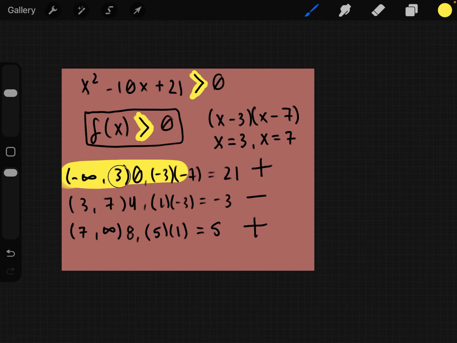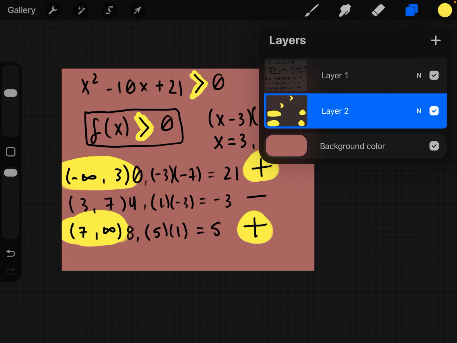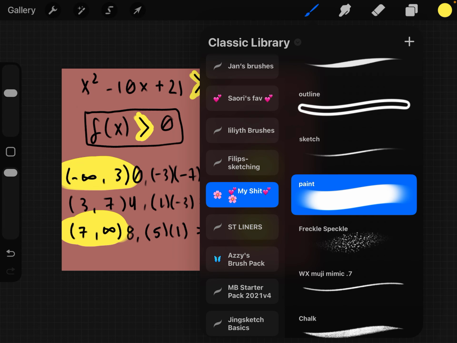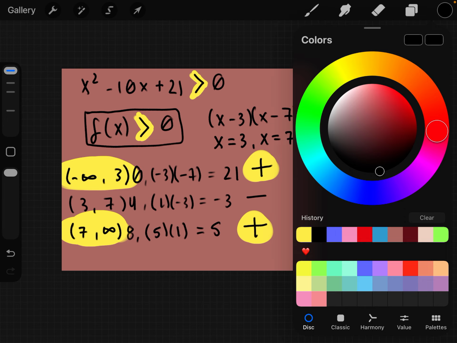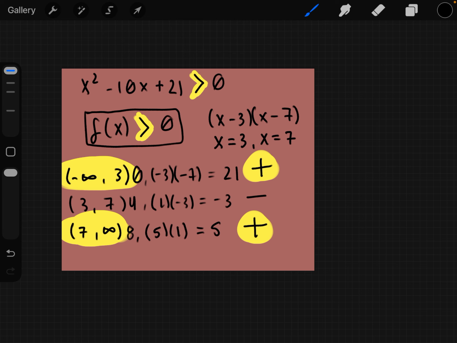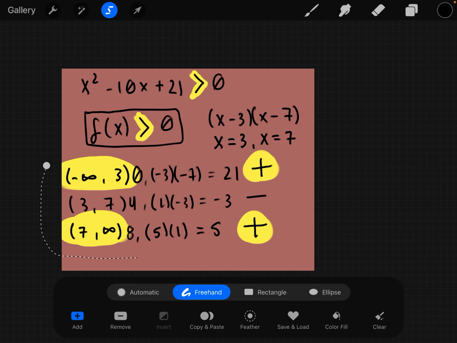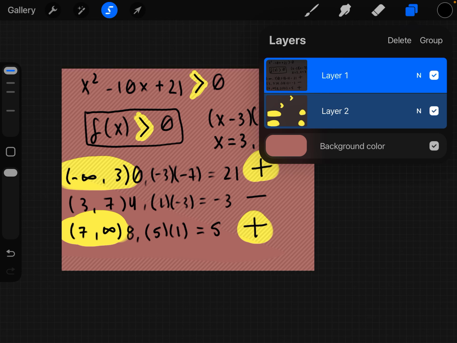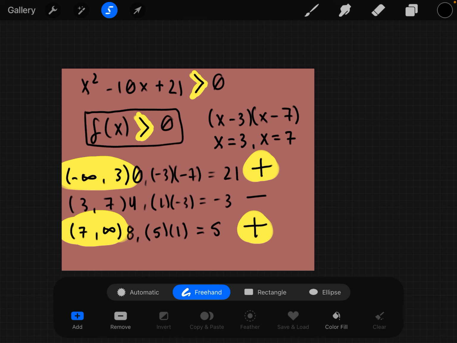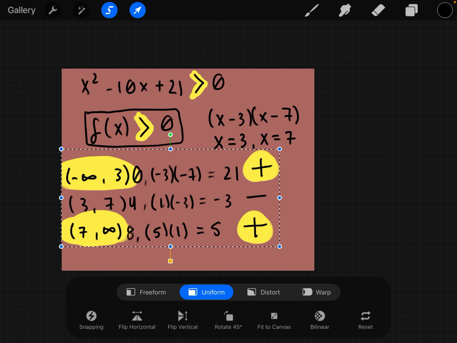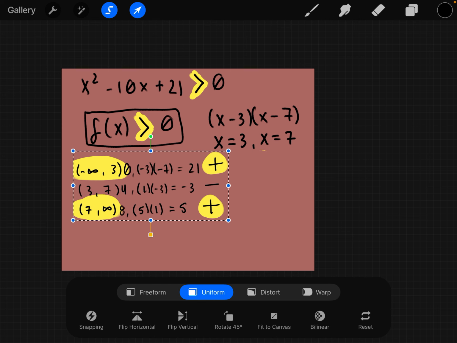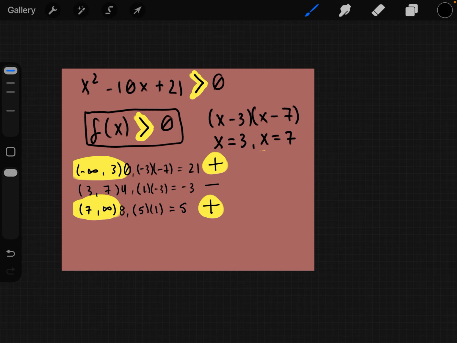Positive. And because it's not greater than or equal to, we're still going to exclude all these values, which just means we're going to write with parentheses.